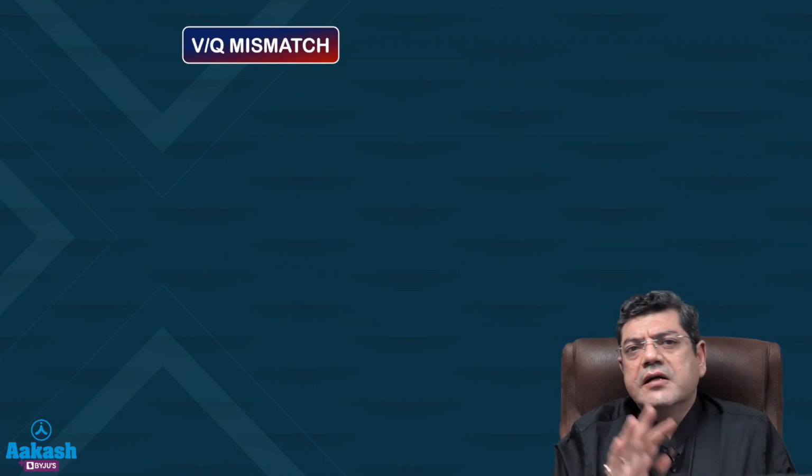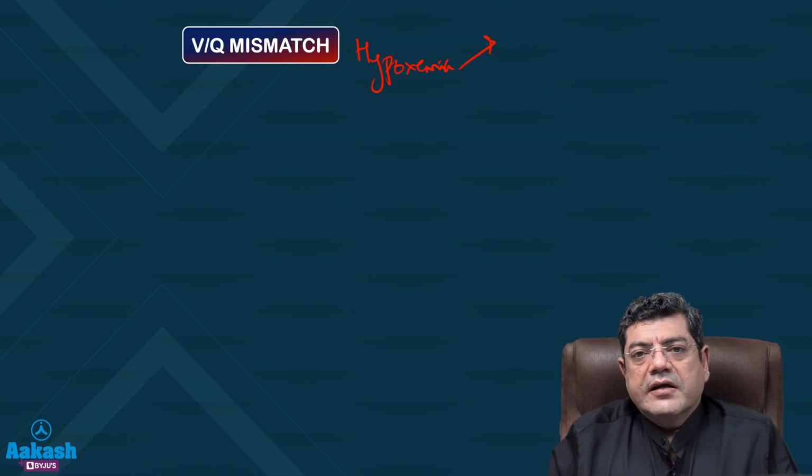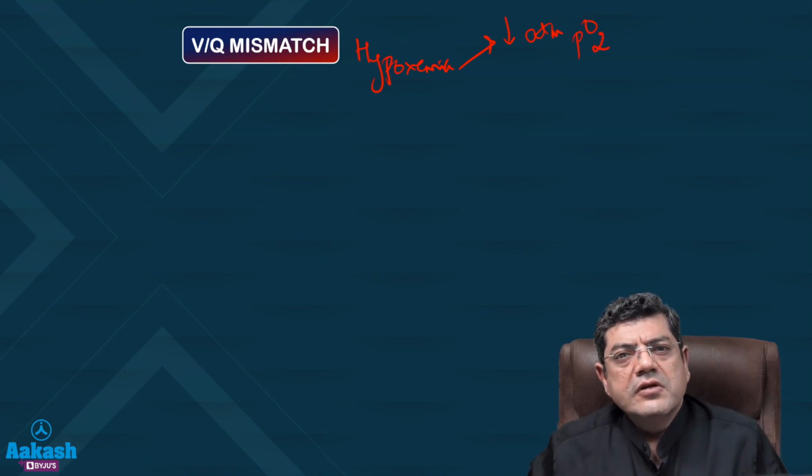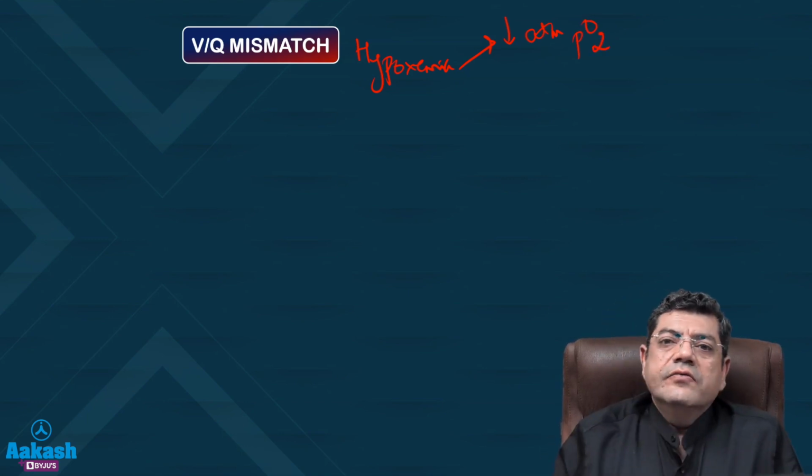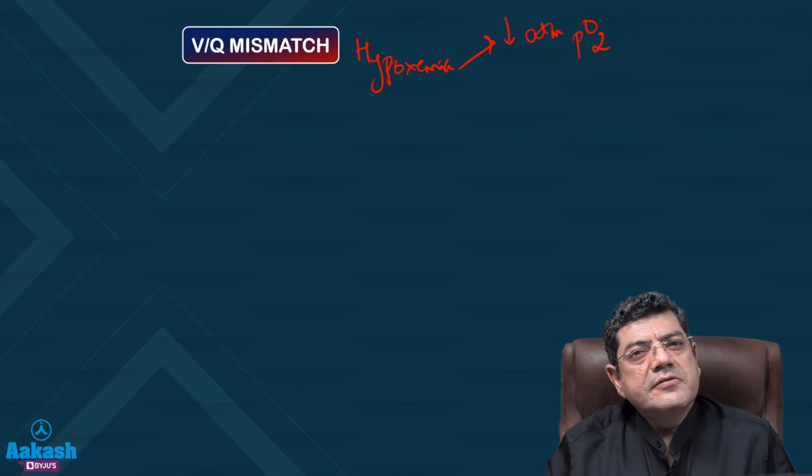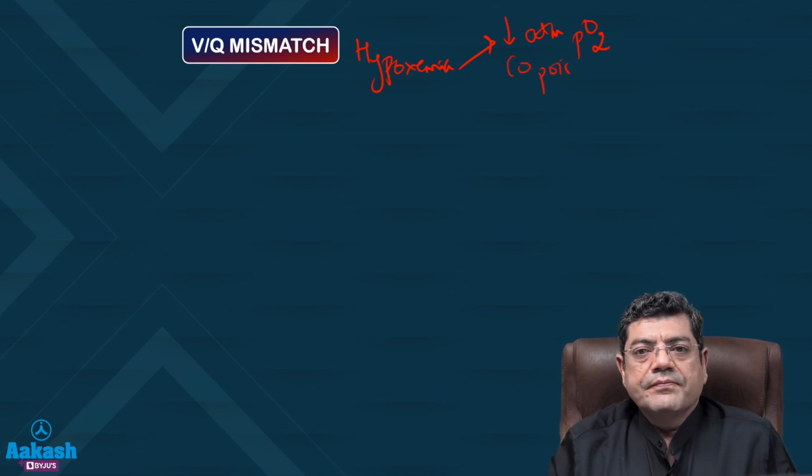There are multiple mechanisms of hypoxemia. Right? What are the various reasons that someone can be hypoxemic? One important reason can be a reduction in the atmospheric PO2, which is what happens when we go to Ladakh, right? Which is what happens when someone is exposed to a raging fire, carbon monoxide poisoning, right?